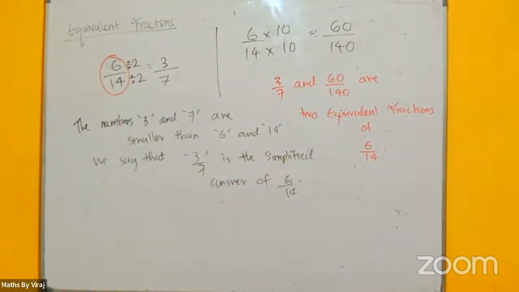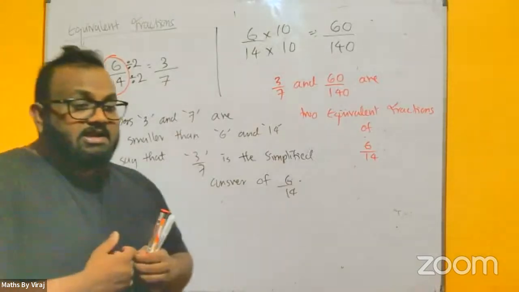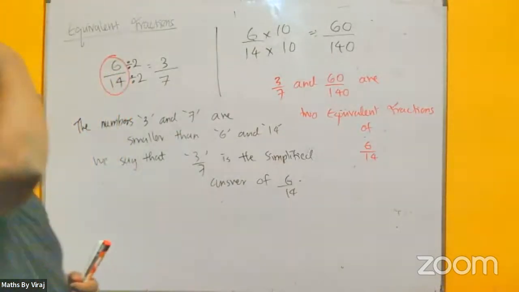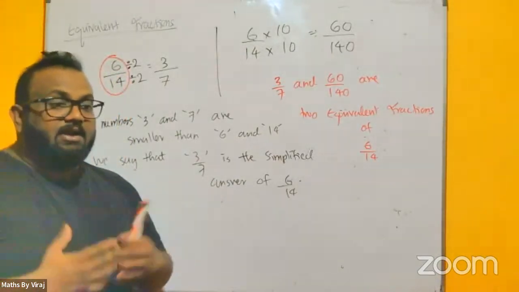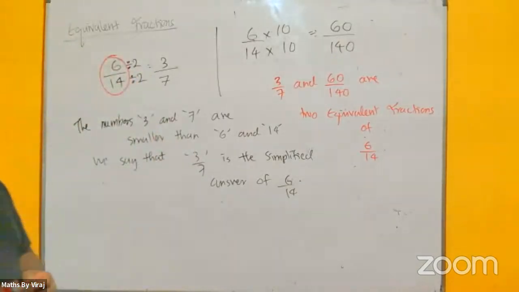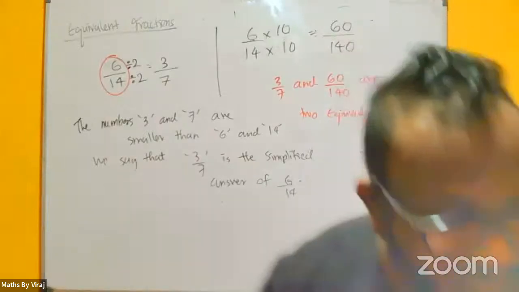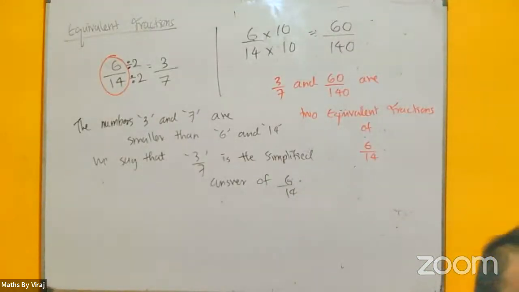Because if I multiply 3 over 7 by 2, the numerator and the denominator, I'll end up getting 6 over 14. If I divide 60 over 140 by 10, I'll end up getting again 6 over 14. So remember this carefully, that this is what needs to be understood, right? Equivalent fractions. Take this down. All of you will take it down fast, children, please.